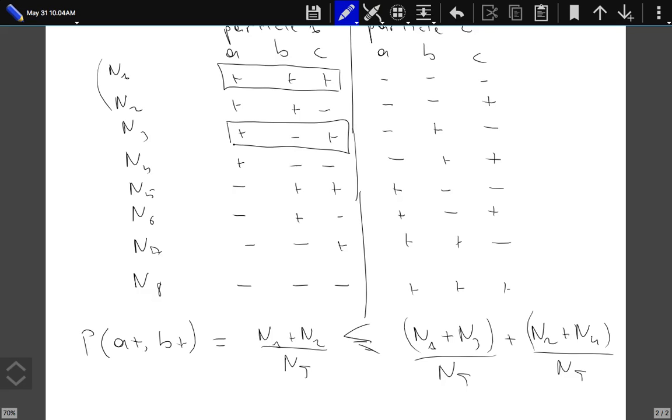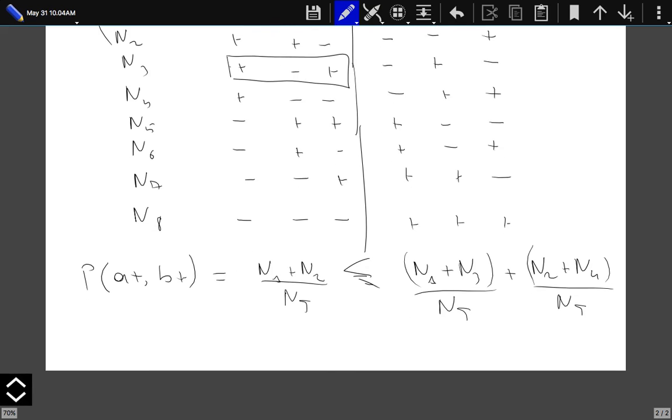And if you just look at N1 and N3, you see they are both A and C plus. This should be less than or equal to, the first one is the probability that A is plus and C is plus.